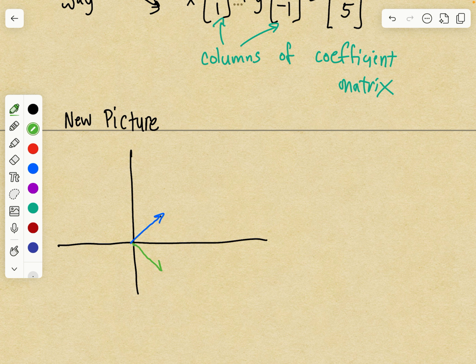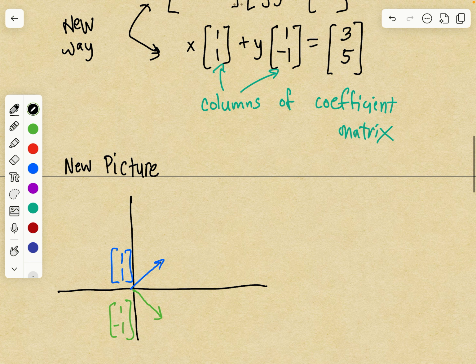Here's (1, 1), and here is (1, -1). The question is, how many of the blue and green vector do I need to produce the desired vector (3, 5)?